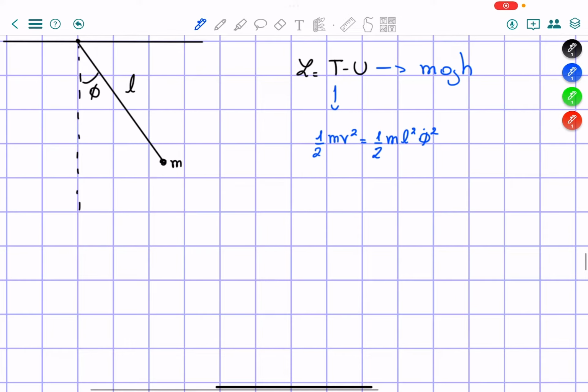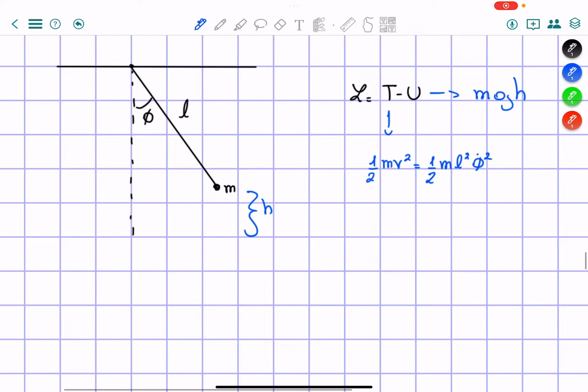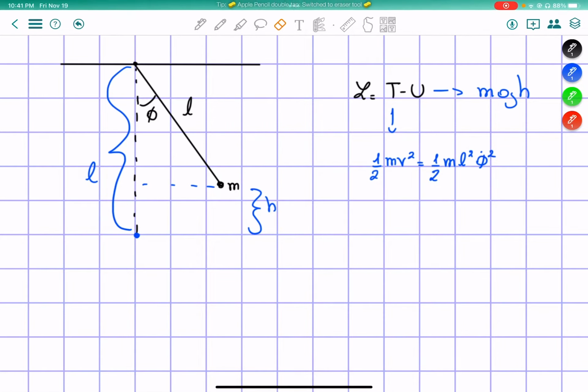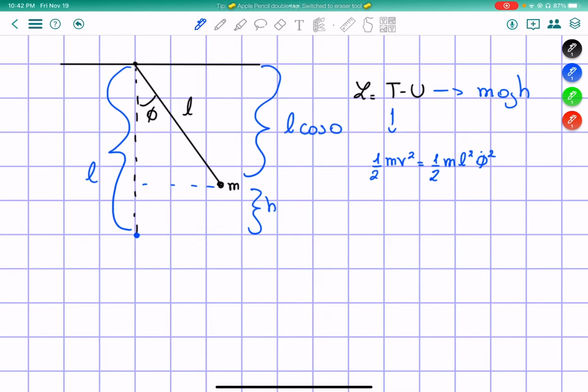Now, what is h? Well, if you look at this, h is this slit right here. So h is going to be the difference between the bottom of the rotation and the point on which the mass is at that moment. The bottom of the rotation is going to be equal to L, while this quantity over here will be equal to L cosine of phi.